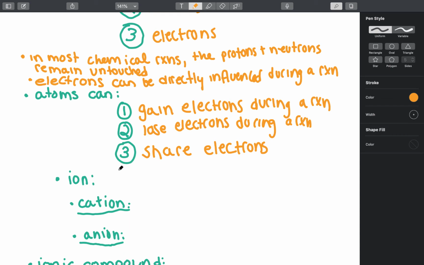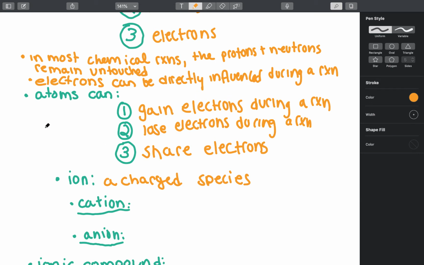So what is an ion? An ion is a charged species. Why do you think that when an atom gains or loses electrons it will gain a positive or negative charge? Well, if you remember, electrons are negatively charged.